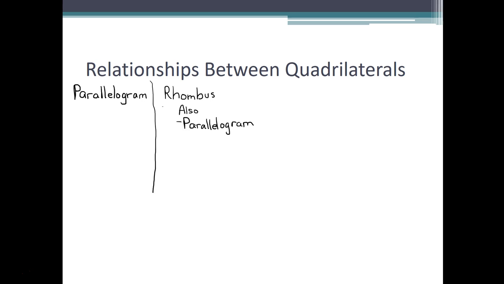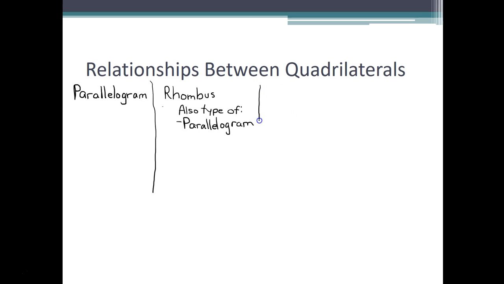Rhombus definition includes that. Parallelogram, opposite sides are equal in length. The rhombus definition includes that. So a rhombus is a type of parallelogram.